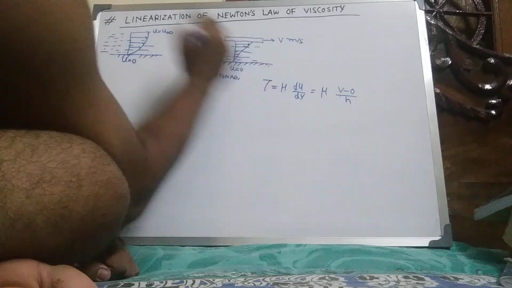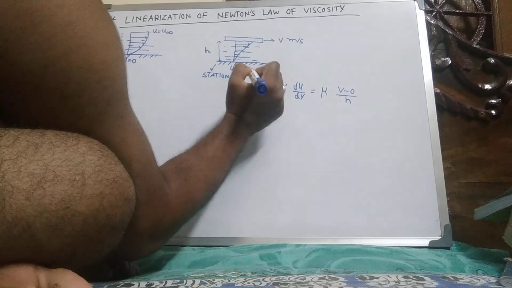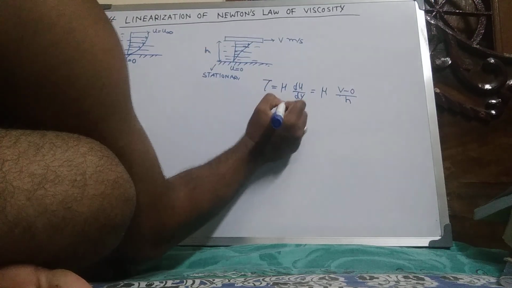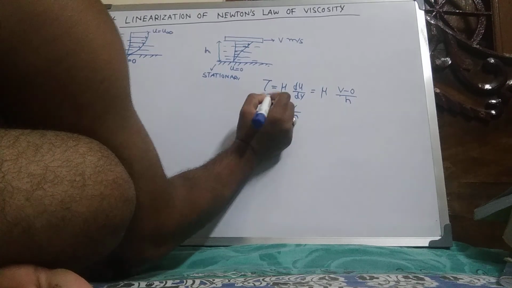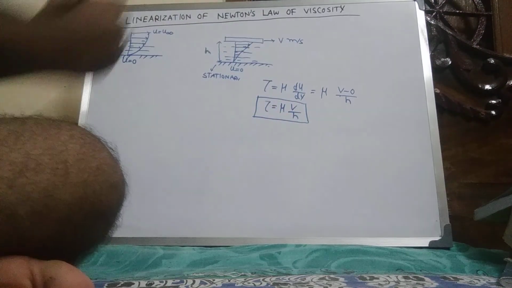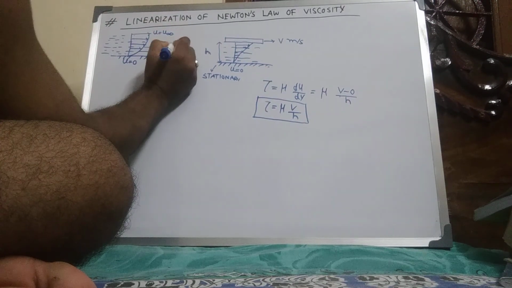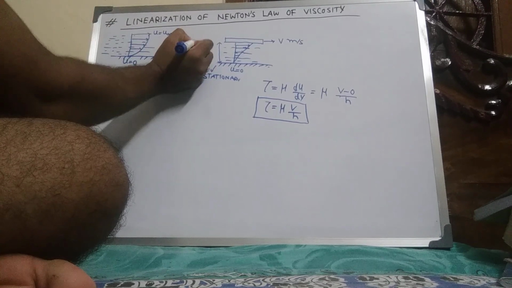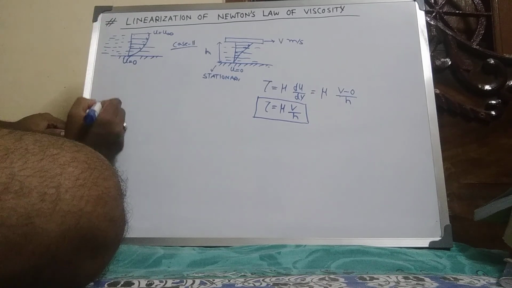So for linearization of Newton's law of viscosity, shear stress equals mu into v by h. And this is case 2, and the first one was case 1.